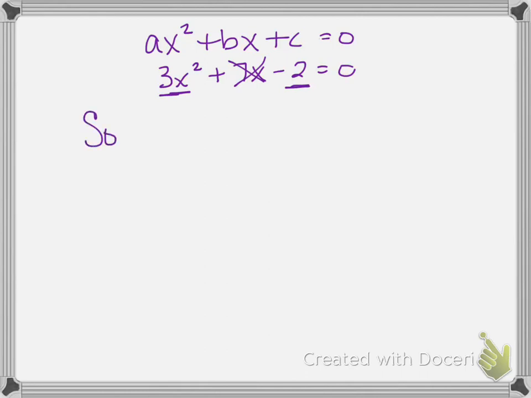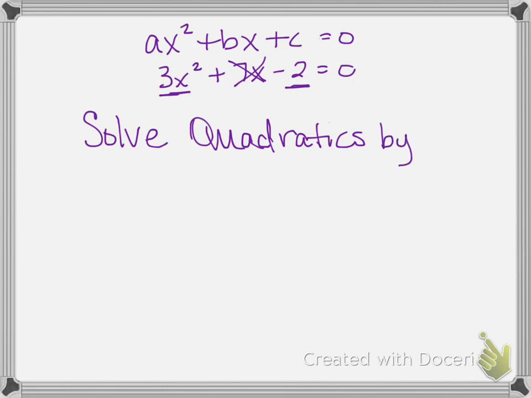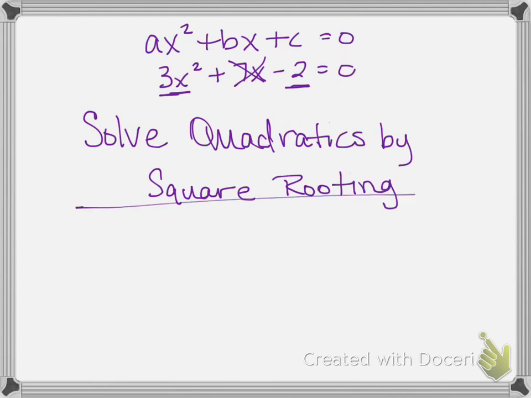So this is solve quadratics by square rooting. And your steps are pretty simple. You're going to isolate x squared, or we might say get x squared by itself on one side, okay?